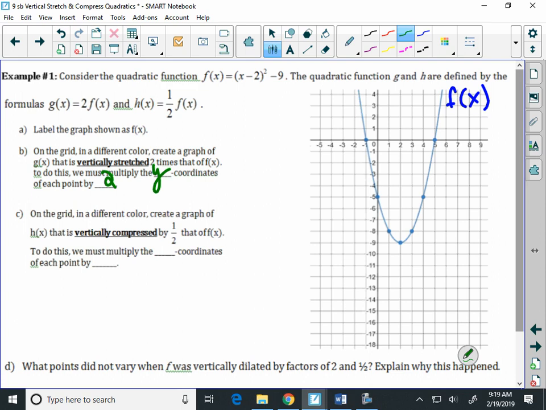Our first point at the far left is negative 1, 0. We take 0 times 2 and get 0. The point 0, negative 5: we take the y value, negative 5, and multiply by 2, which is negative 10.